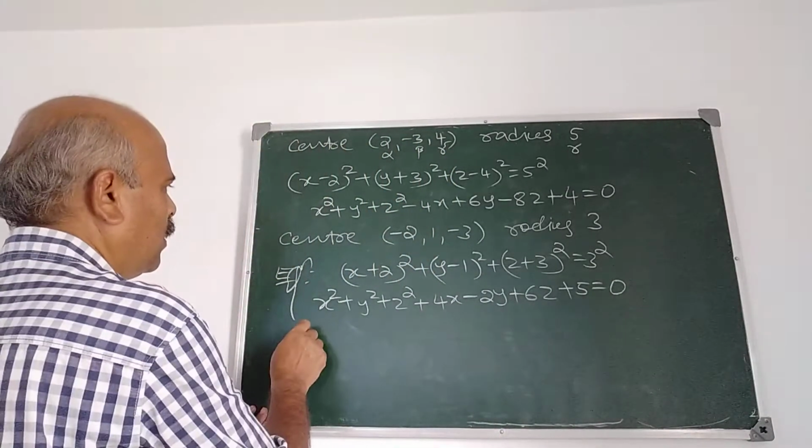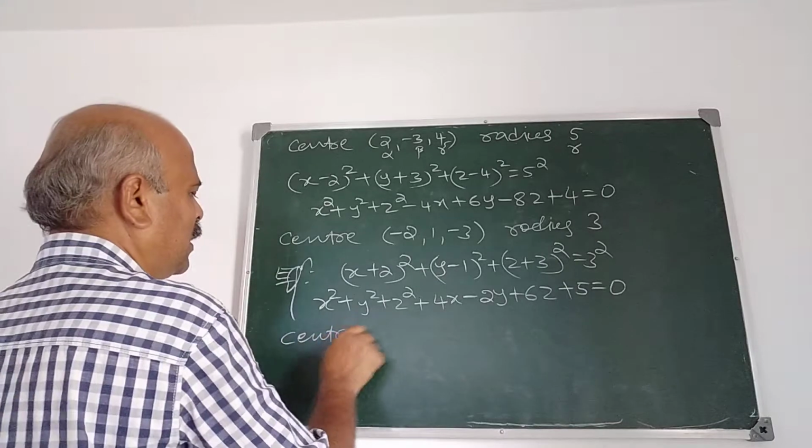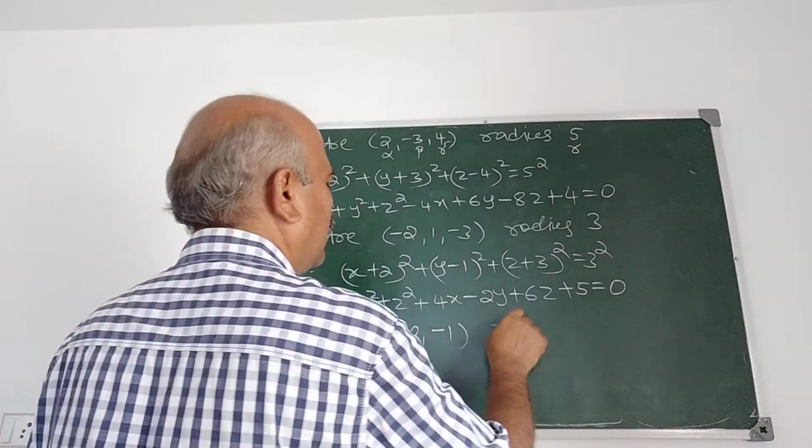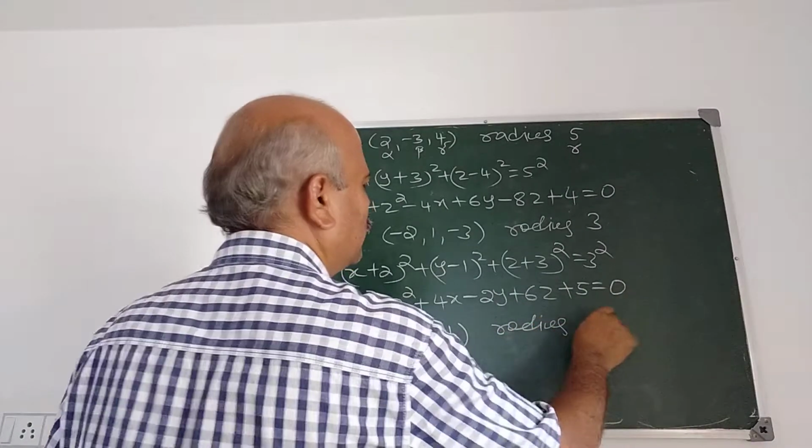Next is: find the equation of the sphere whose center is (1, 0, -1) and radius is 5.